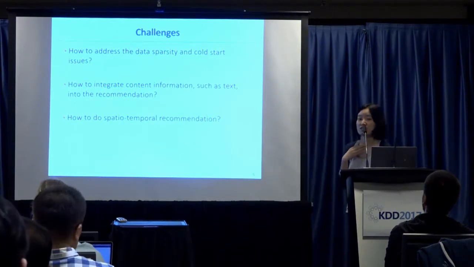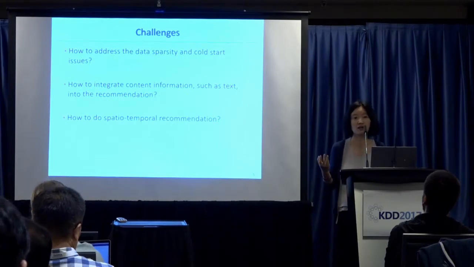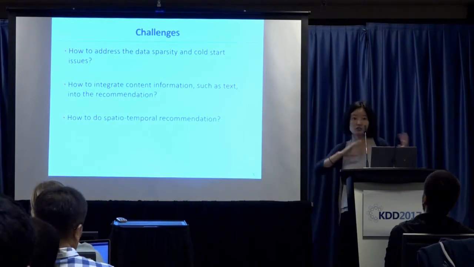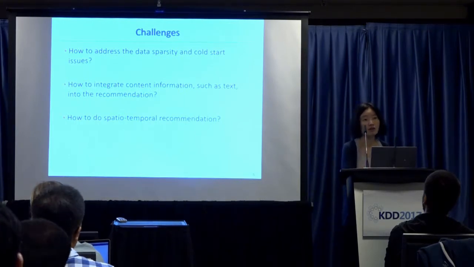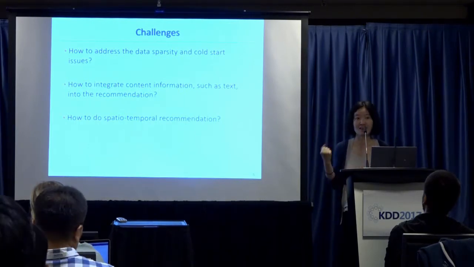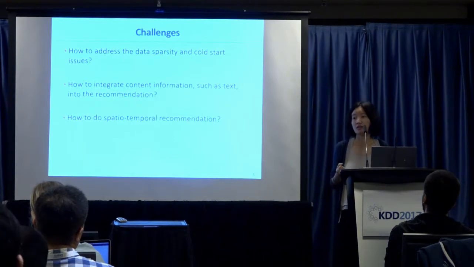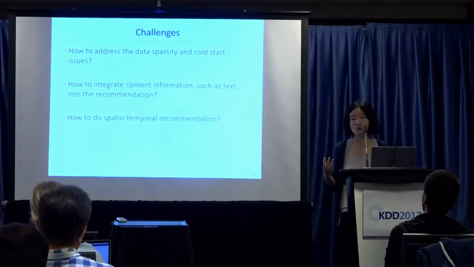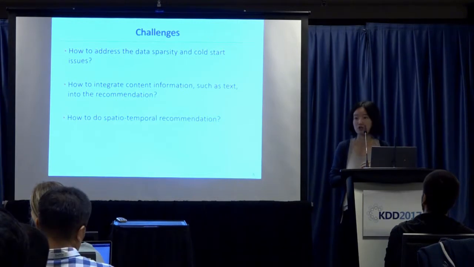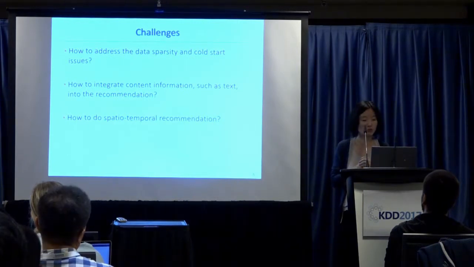And the second challenge is that for the users and items, in addition to the interaction between them, you also have a lot of content information, like text, right? Like in LinkedIn data, you do have the text description for user profile and for the job profile. So how can we leverage that kind of text information to do the recommendation, which is also very important.